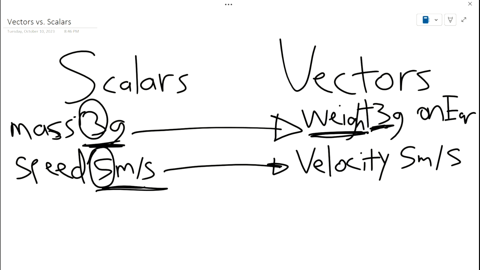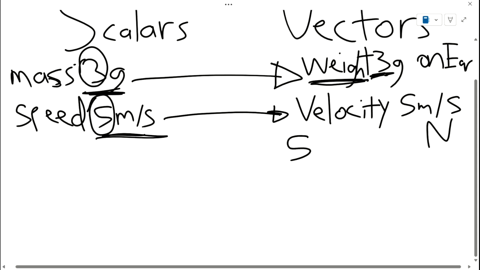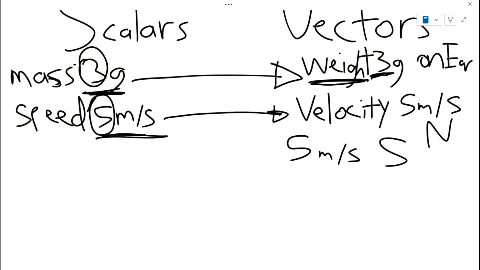So let's use our frame of reference being just north. That means positive, we have 5 meters per second. We're going north at 5 meters per second. Now, if we want to say we're going south at 5 meters per second, we have to say we are going at 5 meters per second south, or maybe east or west, doesn't matter.